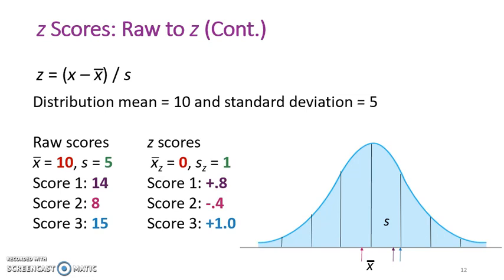We are converting the raw scores into a form of standard scores, the z-scores, using the formula shown here. Once we did that, we have changed the metric of our distribution. The 14 is now a 0.8, the 8 is now a negative 0.4, and the 15 is now a 1. The mean of the converted distribution will become 0. The standard deviation of the converted distribution will become 1.